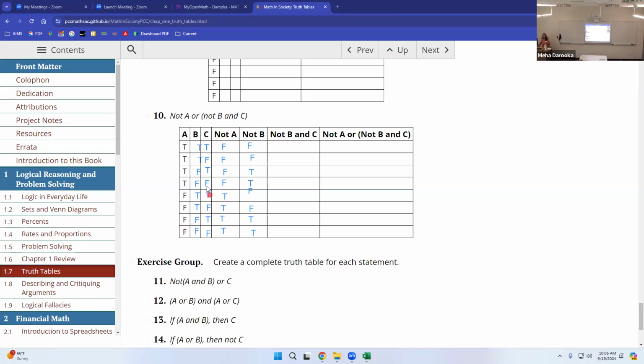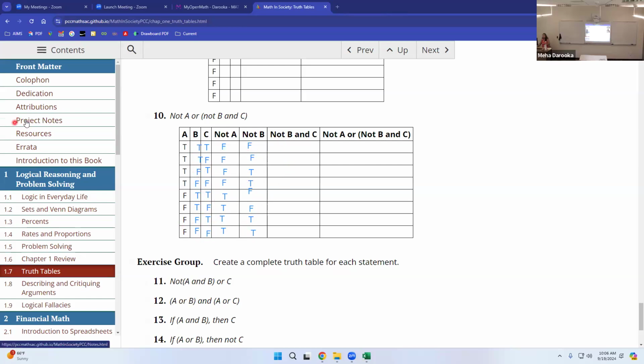For the B column, you had T and T, which in the negation become F and F. Then you had F and F, which became T and T. The T and T in the original become F and F in the negation, and the last two were false and false, which became true and true. The negation goes with the opposite.